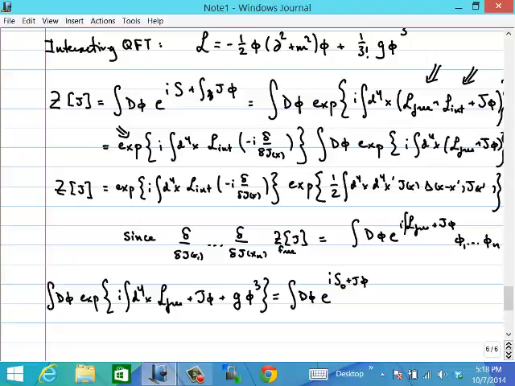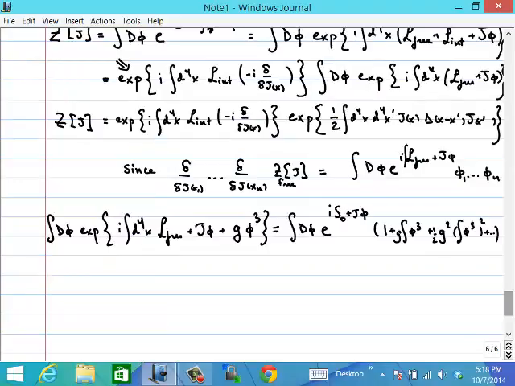I'm forgetting about the integral sign there, because if I write down my integral signs, it'll take all day. Then what do we have? We have 1 plus g times the integral of phi cubed plus 1/2 g squared times the integral of phi cubed, squared, plus dot dot dot.